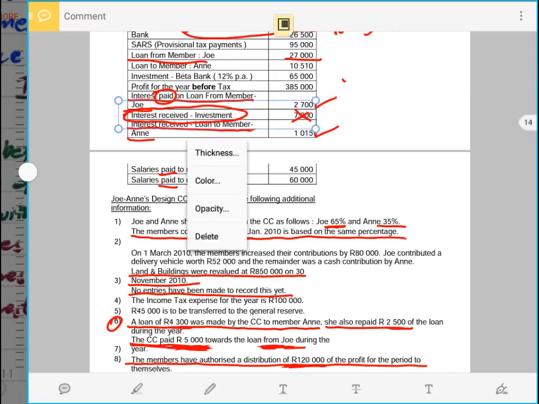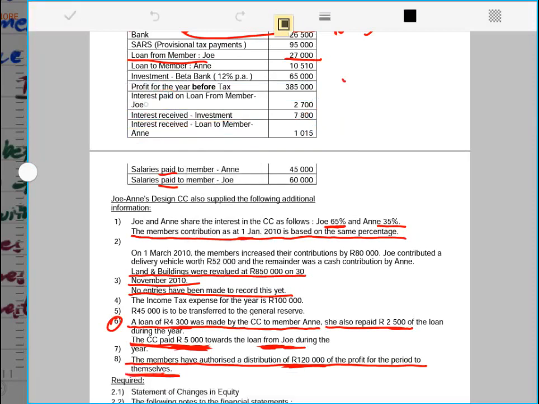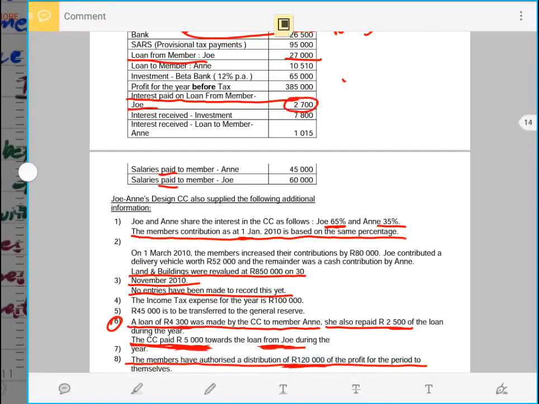So now let us begin recording those ones. We have interest which was paid on a loan from a member. The close corporation is making the payment, and if the close corporation is making the payment, it means we have to record this as an expense. And if it is an expense, it must indicate outflow of cash.